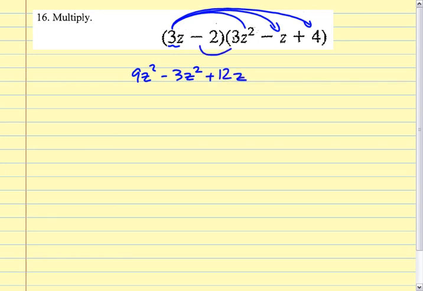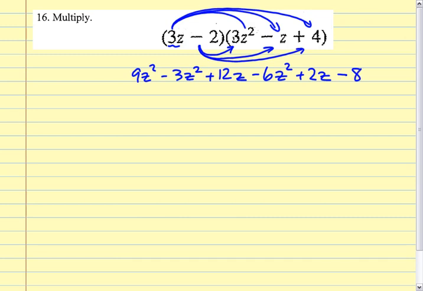Now it's minus 2 times 3z squared, so that gives us minus 6z squared. Minus 2 times minus z is positive 2z, and minus 2 times 4 is minus 8.